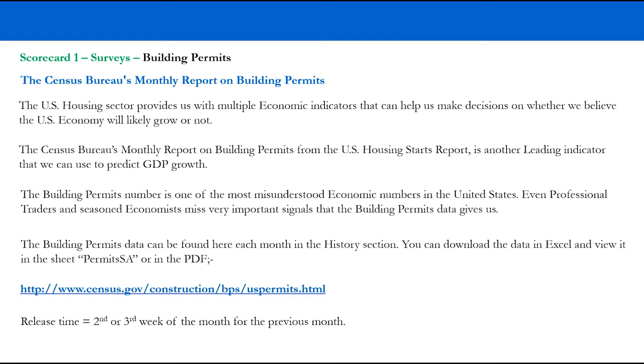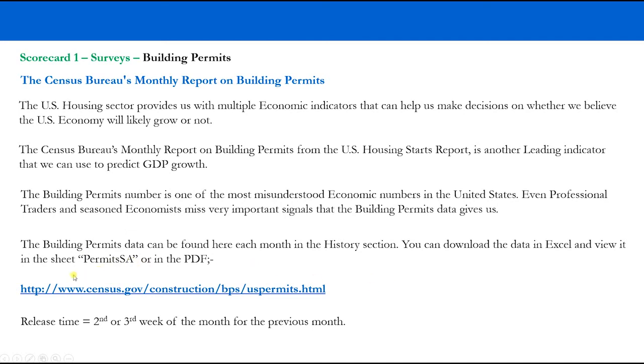And the Census Bureau's monthly report on building permits comes from the general US housing starts report. It's, again, a leading indicator that we use to predict GDP growth. And if you want to get the data, it's available in the endogenous analysis spreadsheet under permits.